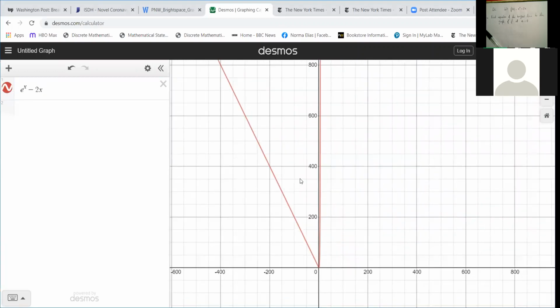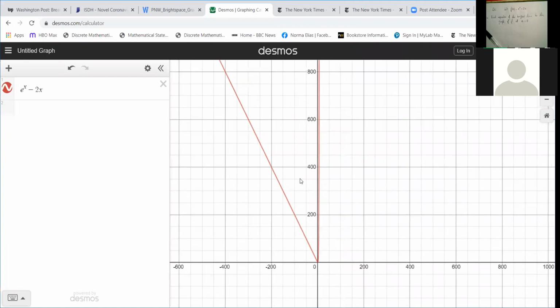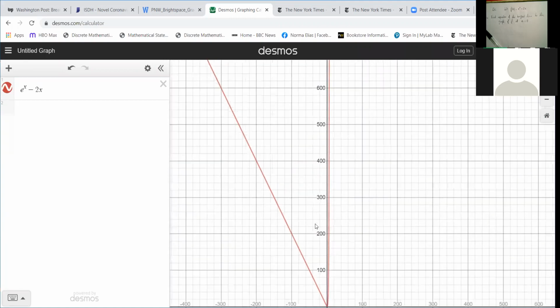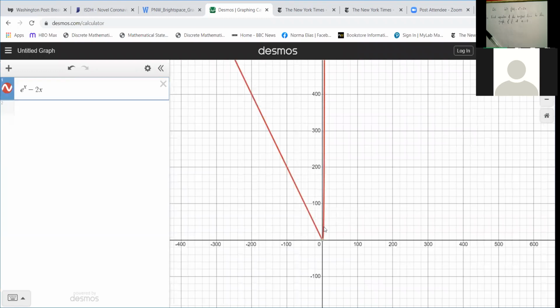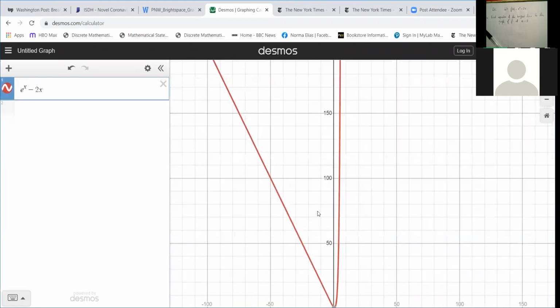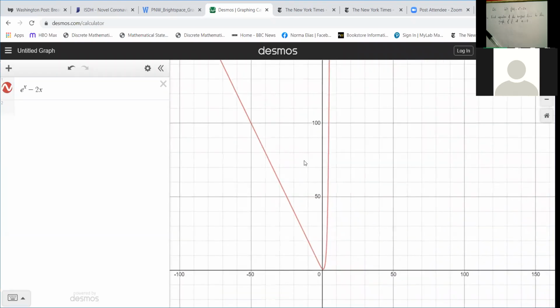Oh, what a weird function. I should have graphed it. So what do I want? Let us zoom out a little bit to have a better picture. And I want the slope of the graph at a equal to 0. So somewhere in here. The only thing I get is that it's a negative number. And let us find it. The graph seems to me to look a little bit like that. And then it goes fast.